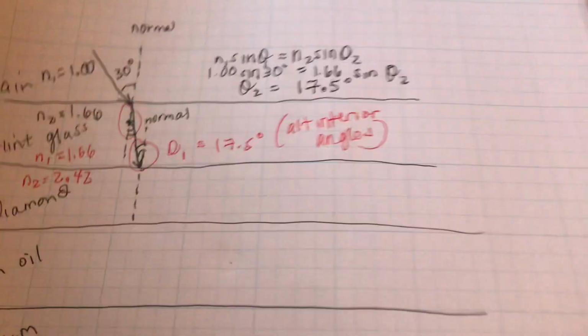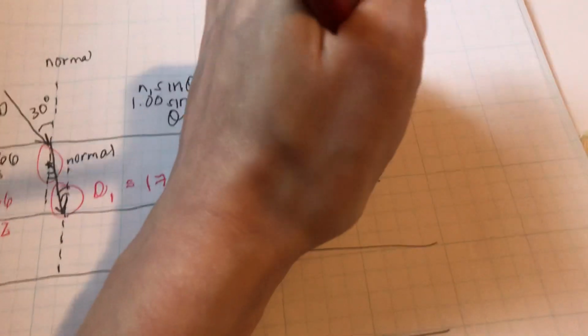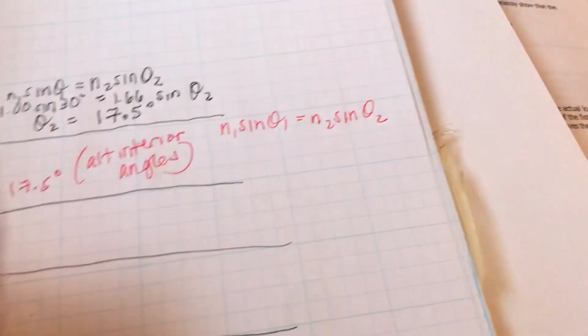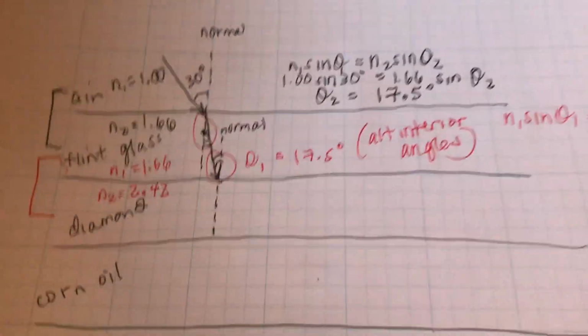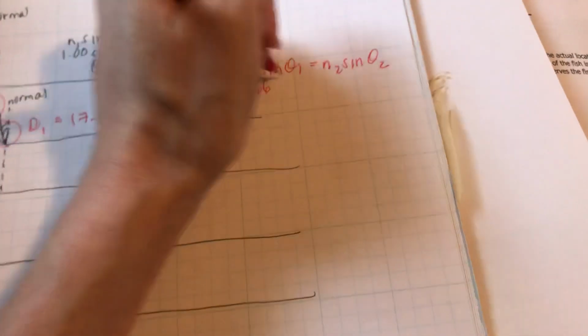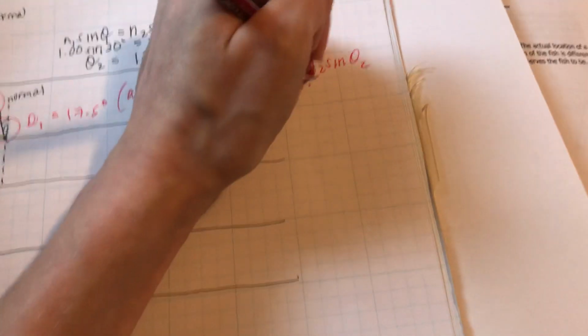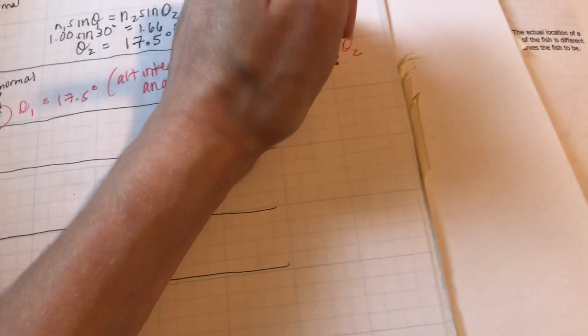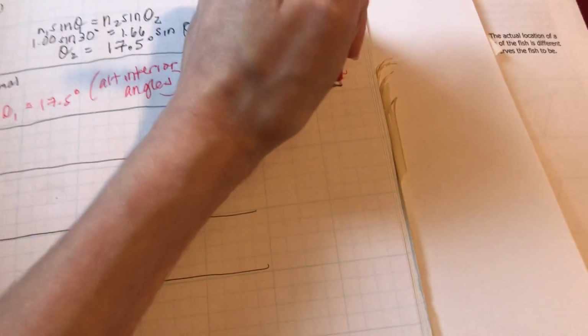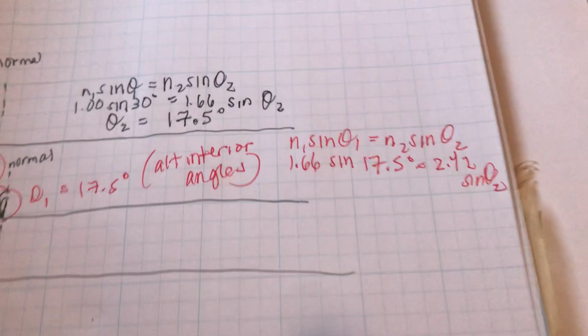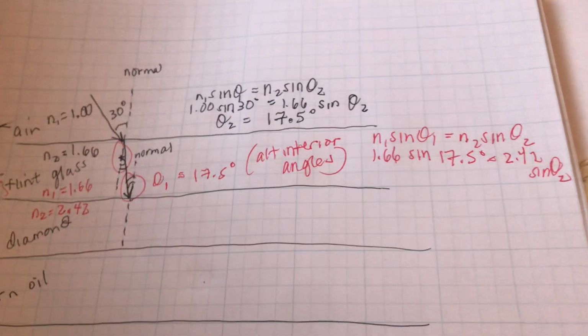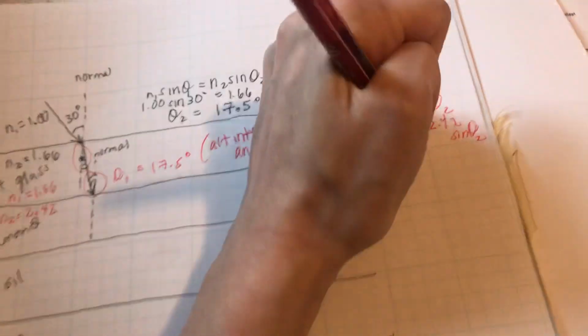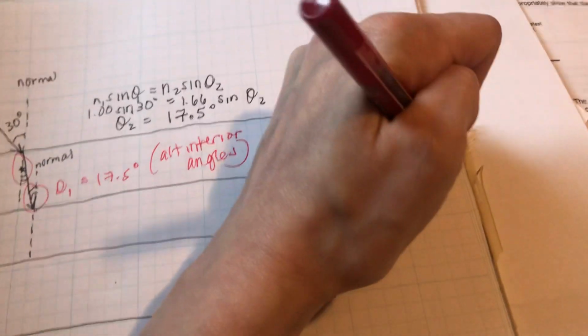So n1 sine theta 1 equals n2 sine theta 2. Plug everything in: 1.66 times sine of 17.5 degrees equals 2.42 sine theta 2. And I believe when I solved for it, I got that theta 2 is 11.9 degrees.